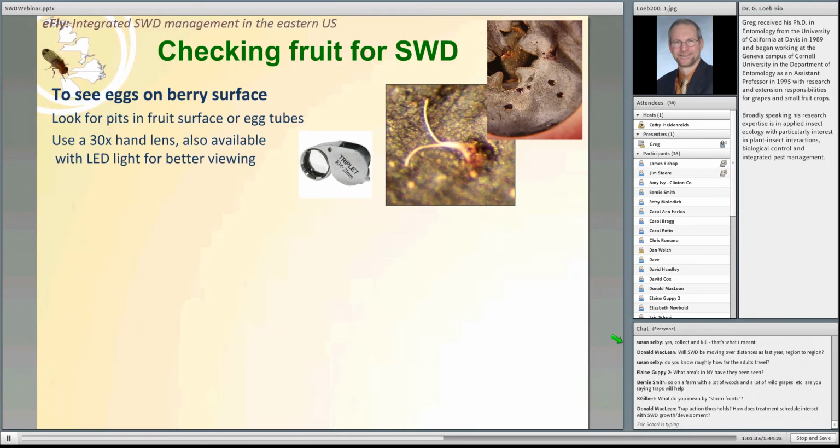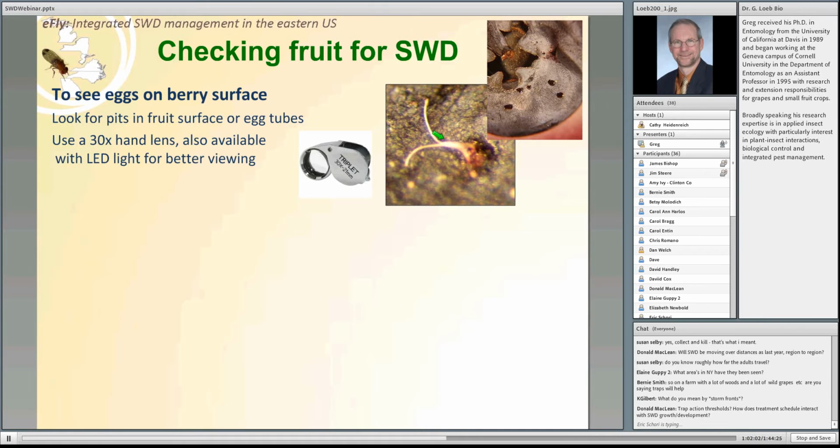For some fruit, it's not very obvious that there's egg laying going on unless you look pretty closely. So you can see here some pictures that maybe Rufus sent me of some of these on blueberry, both the puncture holes and then the breathing tubes. With a hand lens and a good light, you can see this.